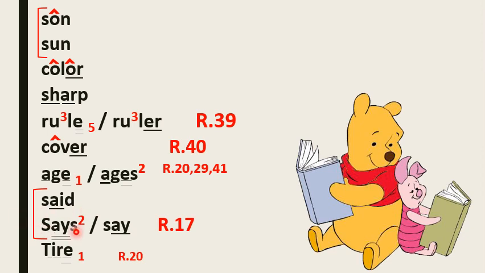Now here we have says, say, says, say. You have the phonogram AY, but it's not going to be pronounced, okay? The phonogram AY is not going to be pronounced because it is silent in this word. And it only has one sound. You're going to say says, okay?